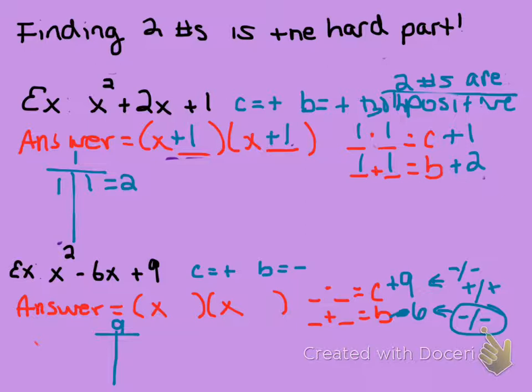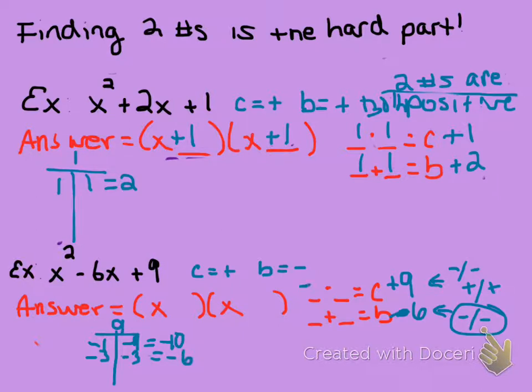So start with 1, negative 1 times negative 9, but that gives me negative 10, so nope, that's not going to work. 9 isn't divisible by 2, so I can skip over that one. Negative 3 times negative 3, and look, that adds up to be negative 6.